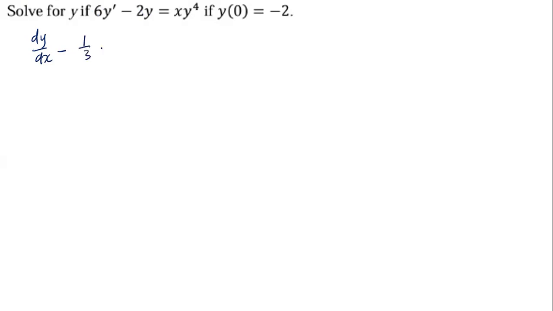So we have 1 over 3 multiplied by y is equal to, this side when I divide by 6, we're going to have x over 6 multiplied by y to the power of 4. There is a reason why I say y to the power of 4. It's a standard form of Bernoulli. When it's like this, this is the standard form of Bernoulli. Your n is equal to 4, which is y to the power of 4, your n.